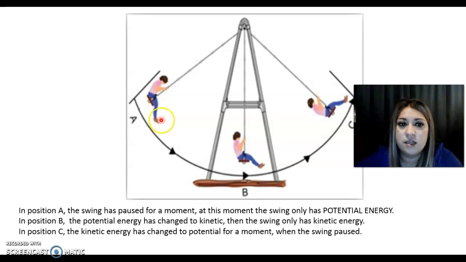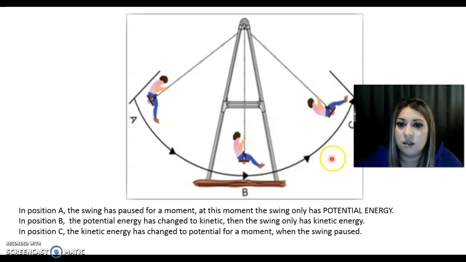But once he begins to swing forward, between position A and B, there will be kinetic energy. So that potential energy will be transformed to kinetic energy. And then once the child stops for a brief moment at position B, that kinetic energy was transformed back to potential energy.